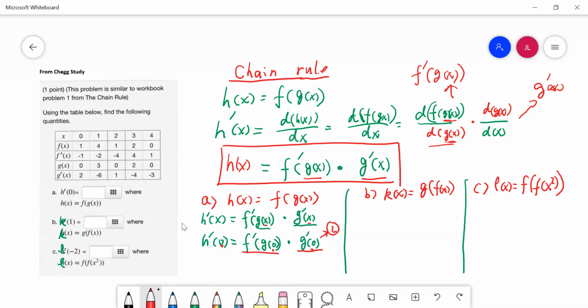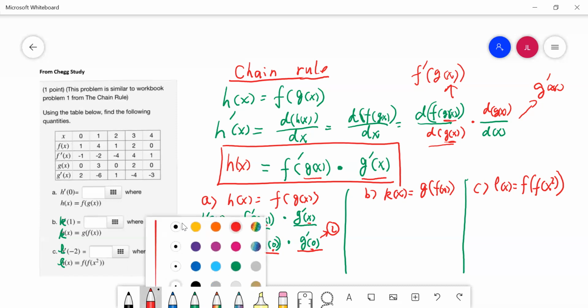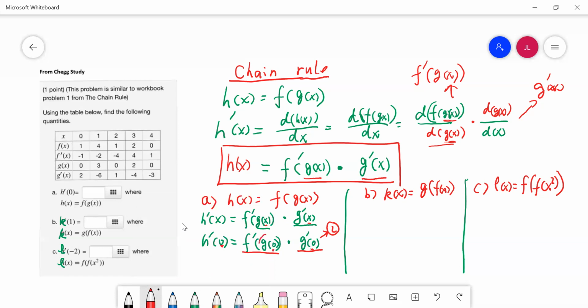What is f derivative at g(0)? We need to find g(0) first, so I'm going to do another step. When x equal to 0, g(0) is 0.